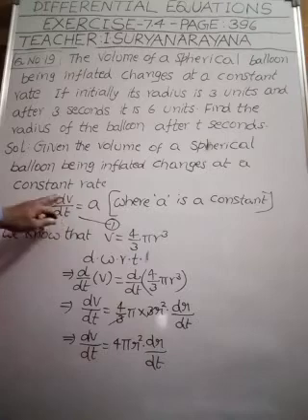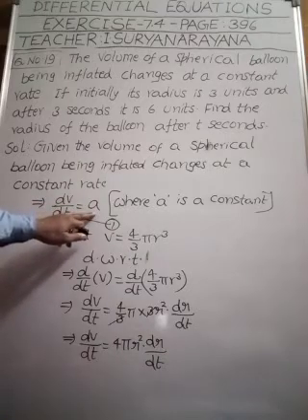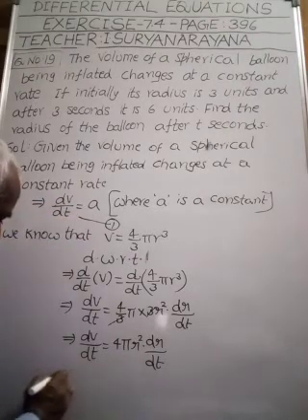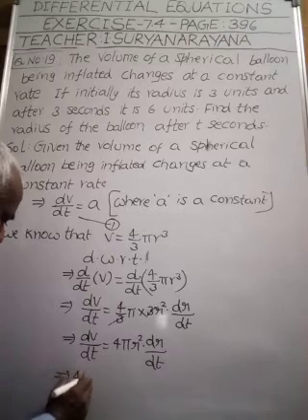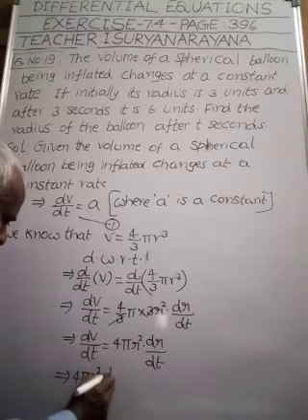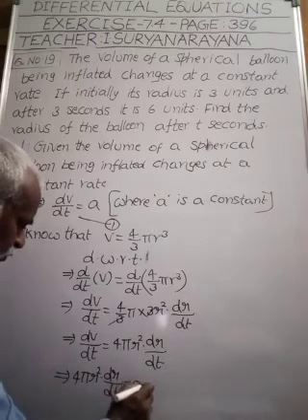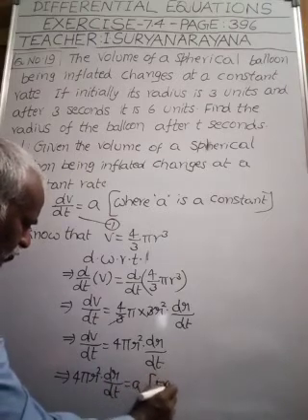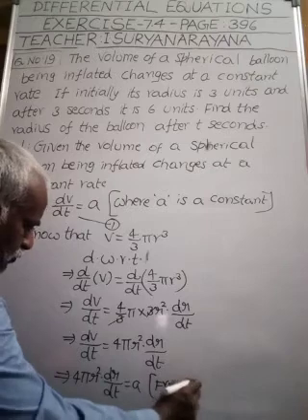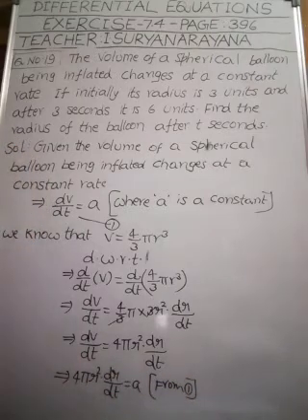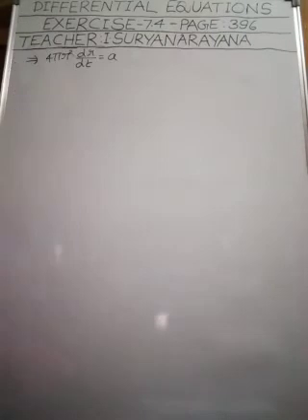But actually dV by dt is equal to A. Yes or no, my children? Right. This implies 4 pi r square dr by dt is equal to A from equation 1. Understood this step, my children? Right.